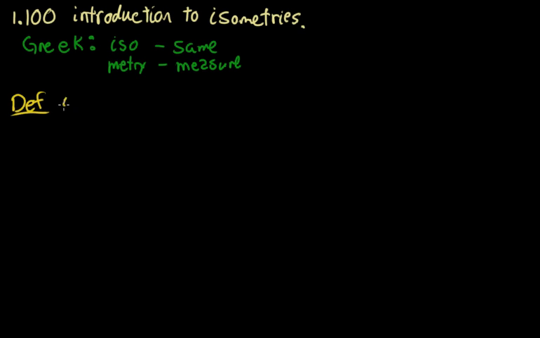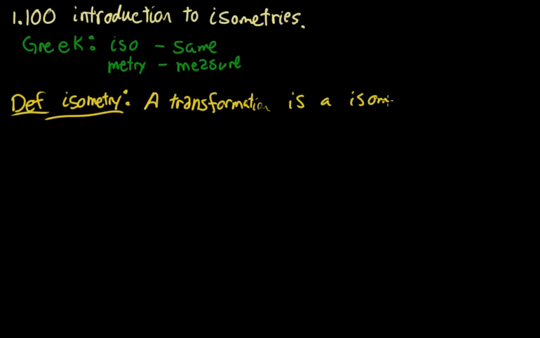So the definition of isometry: a transformation is an isometry if it is a function, we'll call it a function T from P to P. I forgot to explain up here.